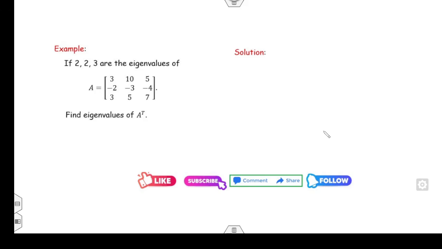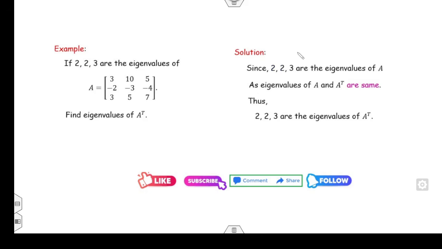Okay, can you find the eigenvalues of the A transpose? If 2, 2, 3 are the eigenvalues of this matrix, can you find the eigenvalues of A transpose? Now because A and A transpose have the same eigenvalues, therefore 2, 2 and 3 are also the eigenvalues. You can also check your answer in the examinations. You can see what the trace is, what the sum of the eigenvalues is. So 2 plus 2 plus 3, fine, 7.